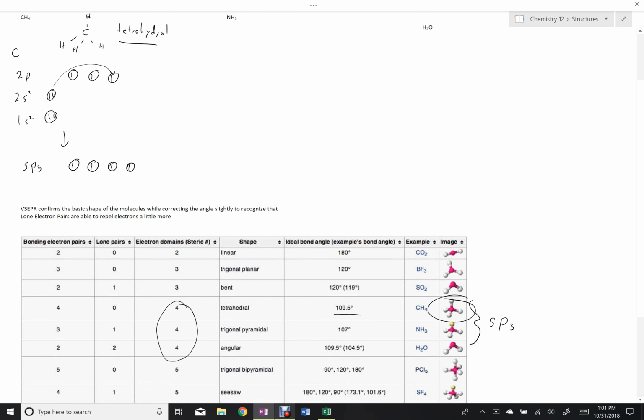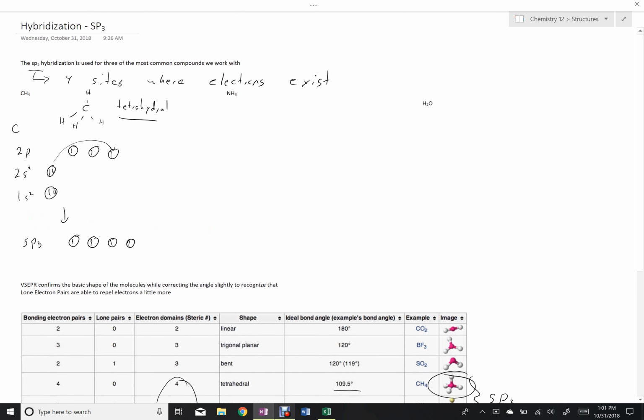In this case it's the tetrahedral, and we can see if we put a bond on each end, then the overall molecule has that tetrahedral shape. 109.5 is the normal bond angle for a tetrahedron, and so VSEPR, we're going to see, slightly corrects bond angles to recognize the fact that lone electron pairs will repel a little bit more than bonded pairs.